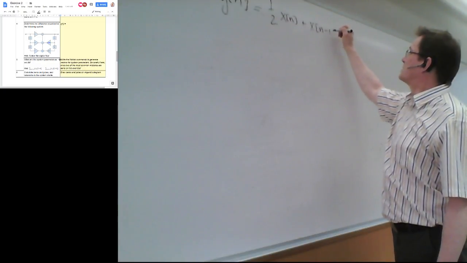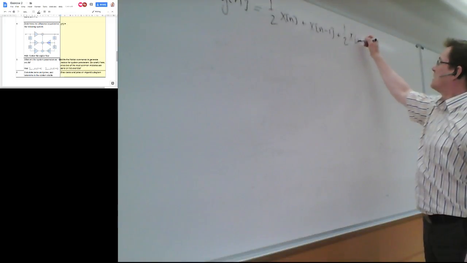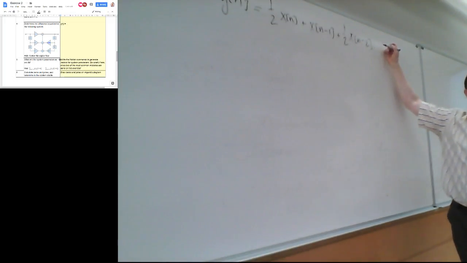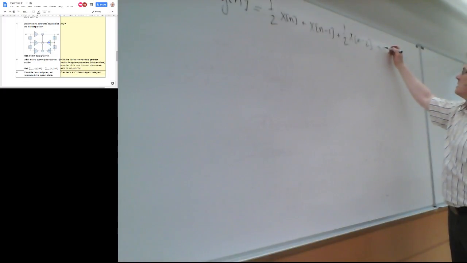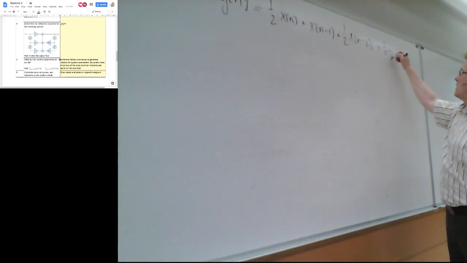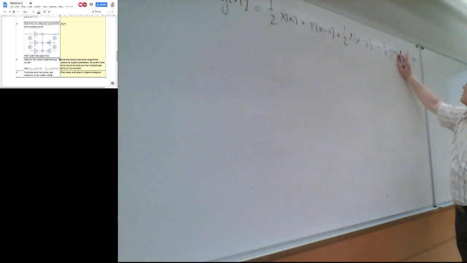plus x[n-1] plus half of x[n-2]. Then I have plus half of y[n-1] minus 1/4 of y[n-2], not n minus 1.